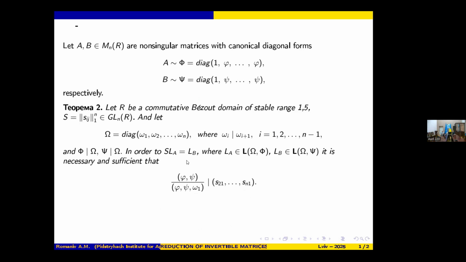Then this equality holds, where LA and LB are from the generating set, if and only if the element divides the greatest common divisor of the elements of the invertible matrix S.